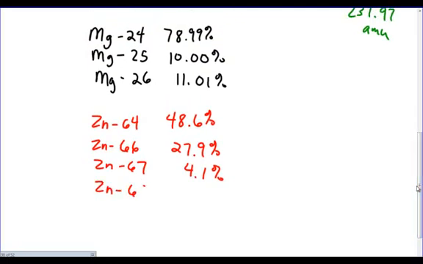Zinc 68 at 18.8%. And zinc 70 at 0.6%. All right, figure out the average atomic mass for the magnesium isotopes and for the zinc isotopes. Let me know how you do.